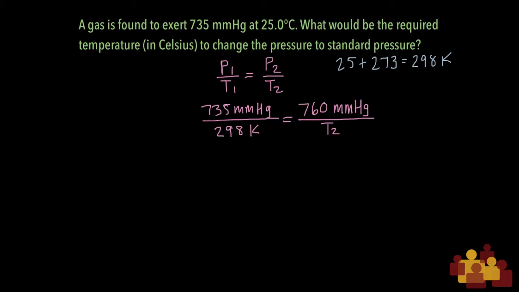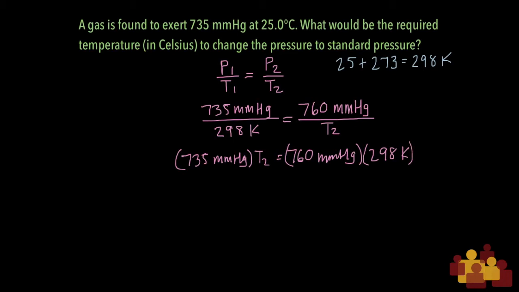So to continue solving this, we can cross multiply. So 735 millimeters of mercury times T2 equals 760 millimeters of mercury times 298 Kelvin.